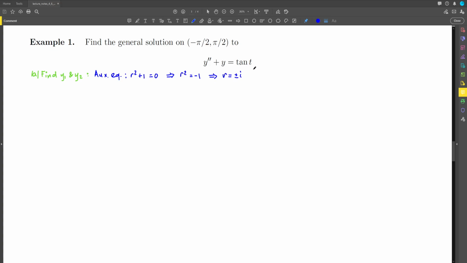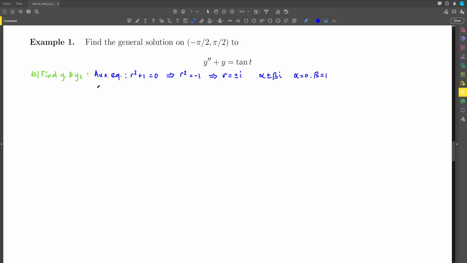Now let's write that down in terms of the general complex solutions, alpha plus or minus beta i. We see that alpha equals 0 and beta equals 1.